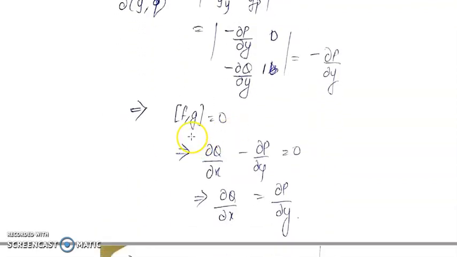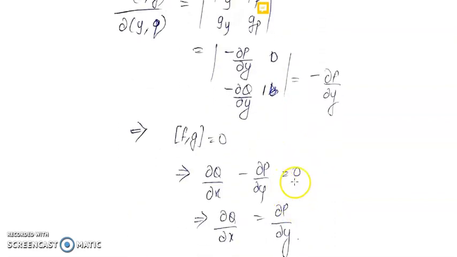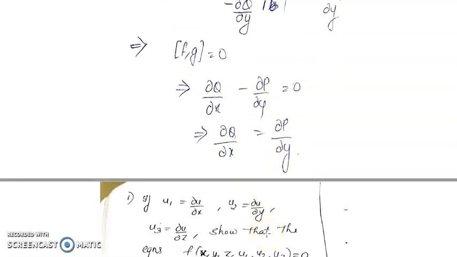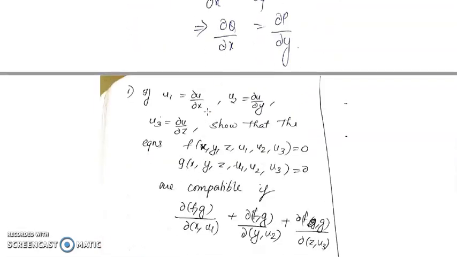So box fg equal to 0 will reduce to the form: the sum of these two comes as dou q by dou x minus dou p by dou y equal to 0. So that is going to give dou q by dou x equal to dou p by dou y. So this is the required condition for compatibility when you have p equal to p of xy and q equal to q of xy.